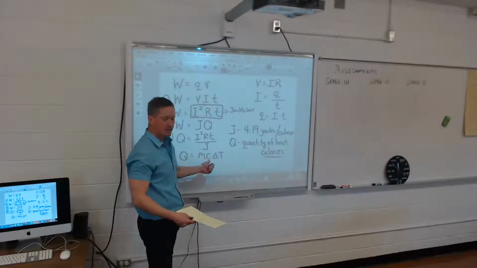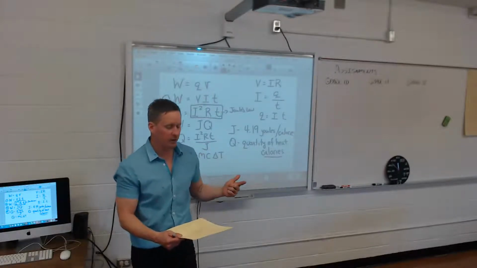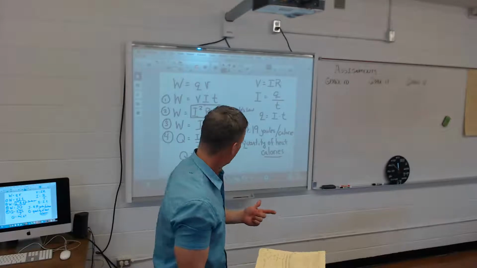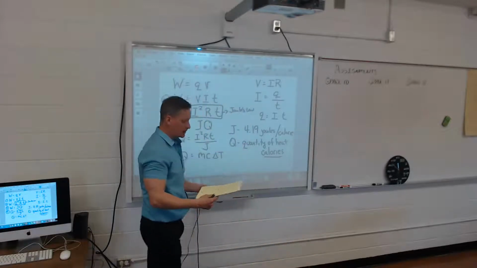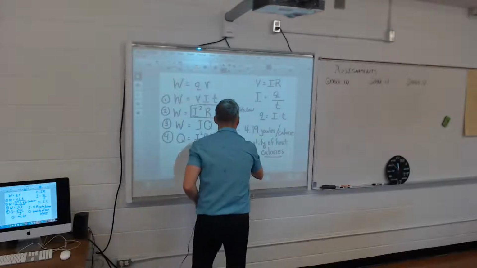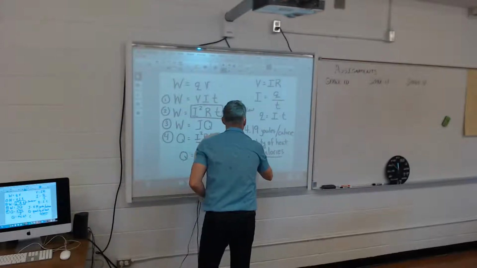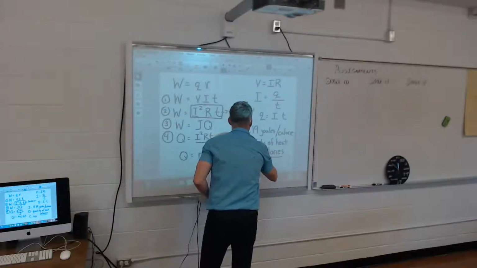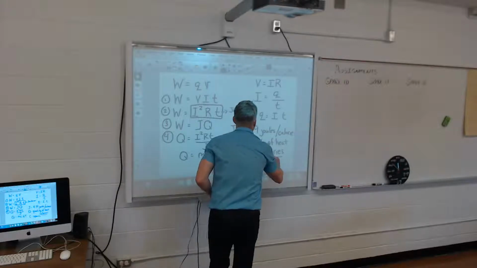C is your specific heat constant, and delta T is the change in temperature. The only thing you don't know is C, the specific heat constant, and we get that off of a chart.